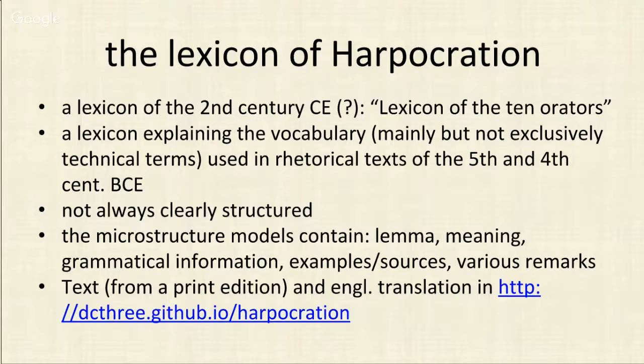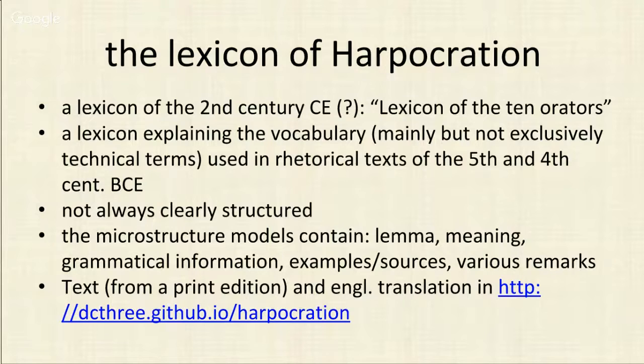This is a lexicon that is not epitomized, and it is not clearly structured. I only mentioned that the microstructural models may contain the lemma, the meaning, grammatical information, example and sources, and various remarks.